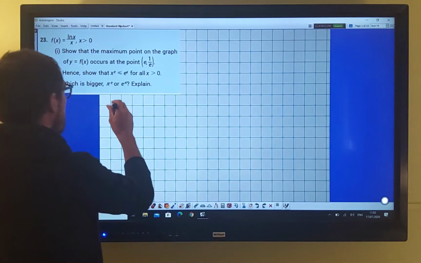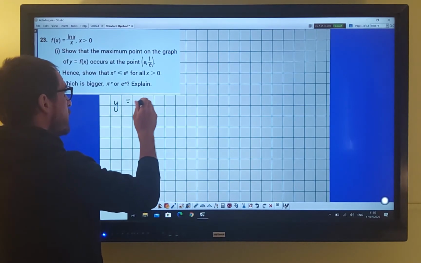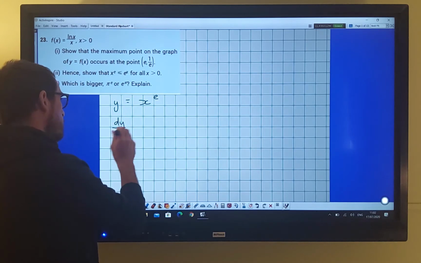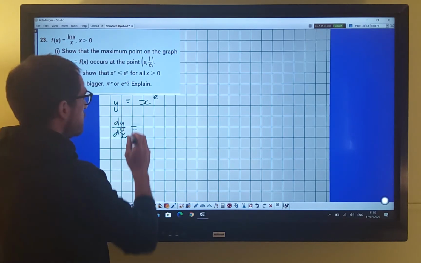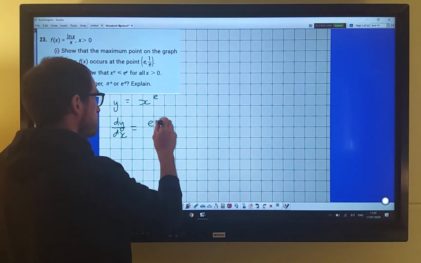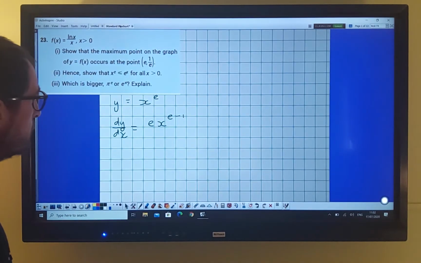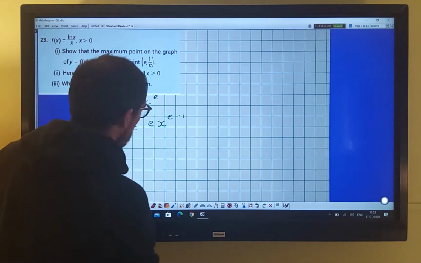So if we start off with y equal to x to the power of e, then dy/dx is equal to, okay, now, so what I can say there is as follows.